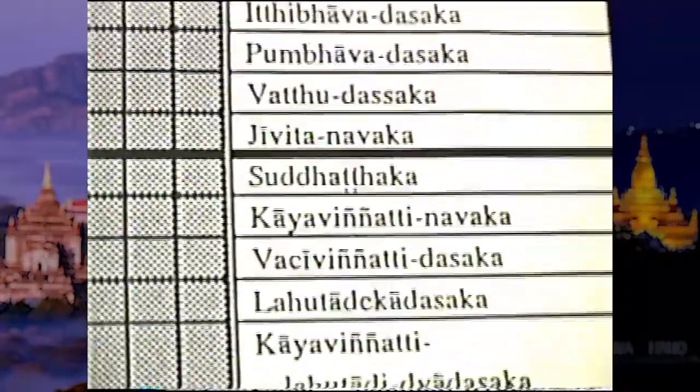Suddhattaka means just the 8 inseparables: the 4 essentials, and then Rupa, Gandha, Rasa, and Ahara. So the first one is just the pure octet, only these 8. The second one, Kaya Vinnatti Navaka. So 8 plus Kaya Vinnatti.